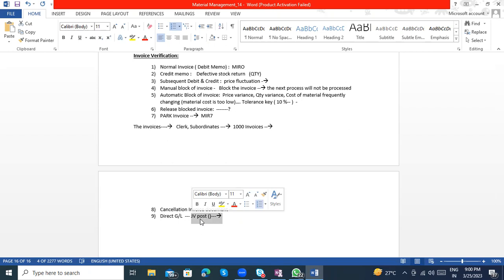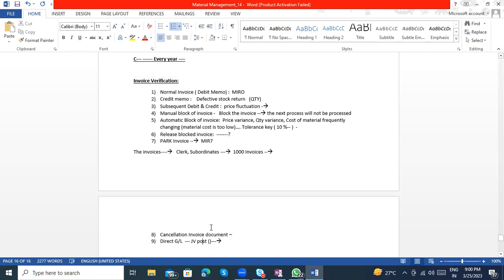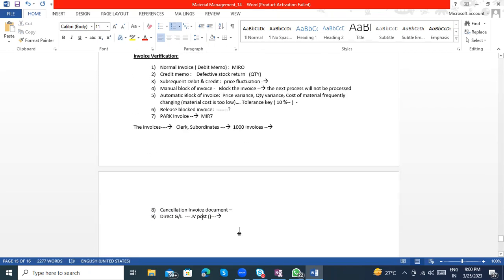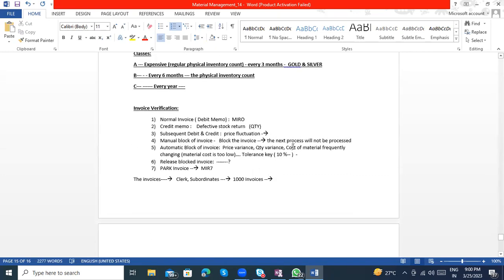Got it. So these are the cases that generally come in invoices. Mostly these are what you will get. If you consume material frequently, because suppose a PO is created and they didn't post the GR and they posted the invoice, or if they posted the GR, the invoice is still not posted, but the stock is consumed, those cases will impact the cost of the materials.